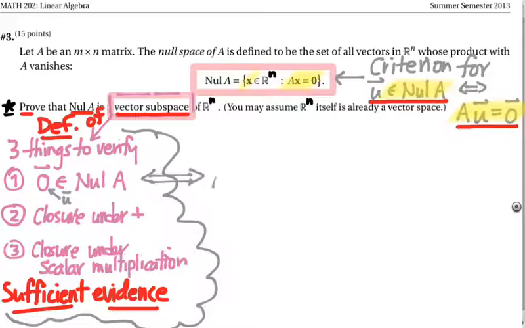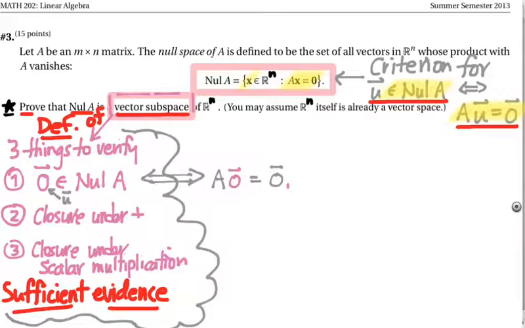That A times u is equal to 0. Right. And so u here, being the 0 vector, means that the first thing we have to verify is that when I multiply the 0 vector by my matrix A, the result is the 0 vector. So that's statement number 1.